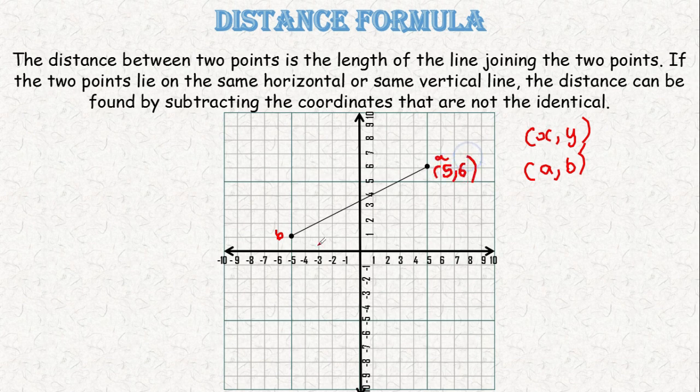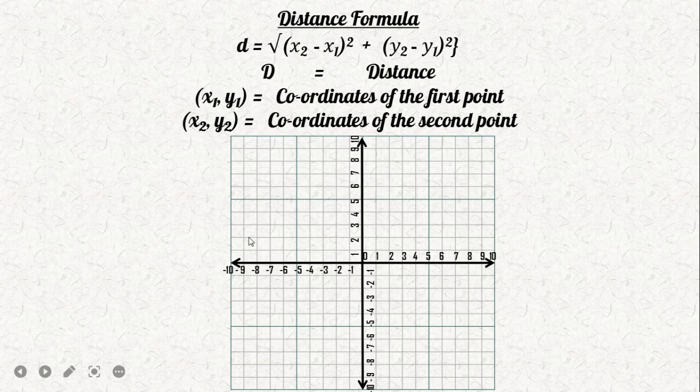Point B is at minus 5 on the x-axis and at 1 on the y-axis, so point B is minus 5 comma 1. They just ask you to find the distance between these 2 points, 5 comma 6 and minus 5 comma 1. So let's see the distance formula.